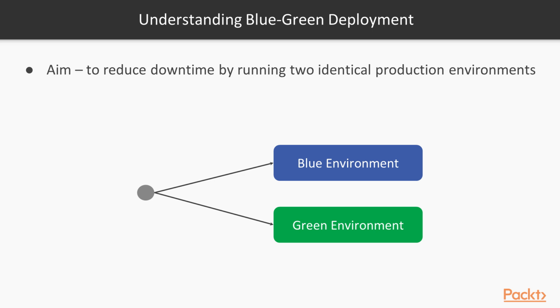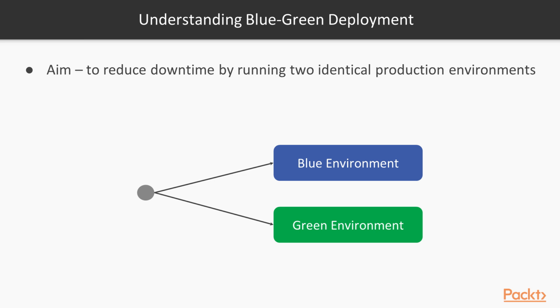In order to minimize the downtime, you use a blue-green deployment model. Currently, all your production traffic is going into the blue environment, and you have a green environment which is identical to the production blue environment. What you do is push the updates to the green environment and test whether everything is working properly or not.